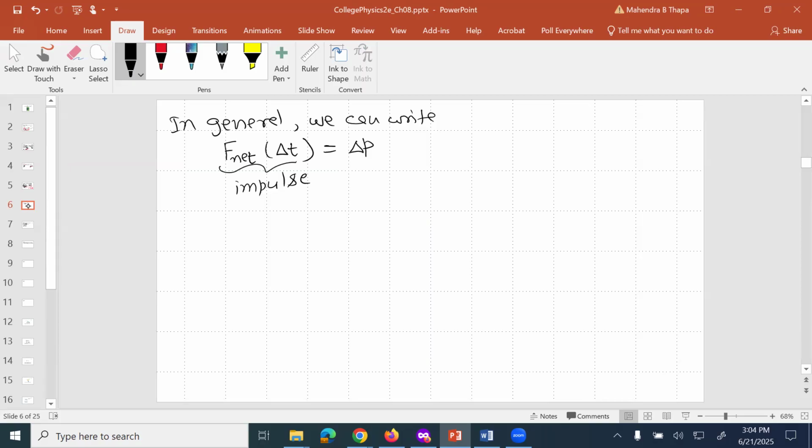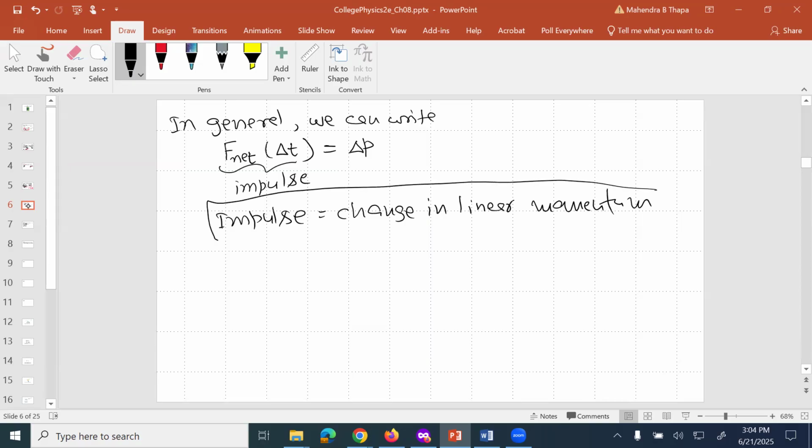So we got the idea from here that impulse equals the change in linear momentum. This is not a new concept. It actually came from Newton's second law.